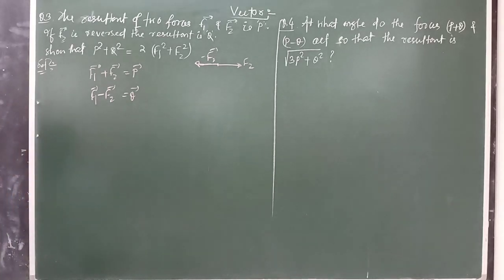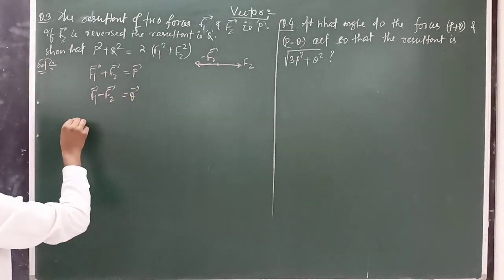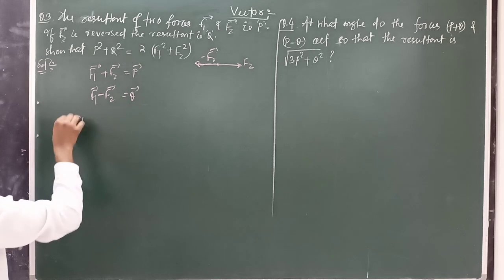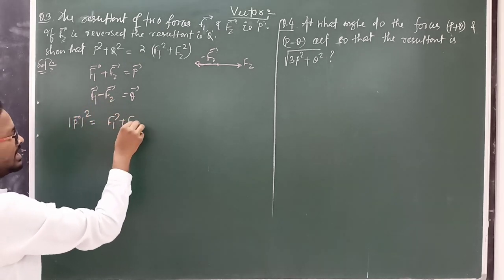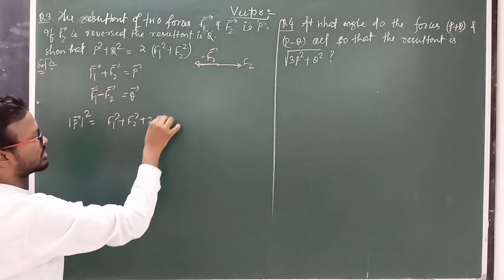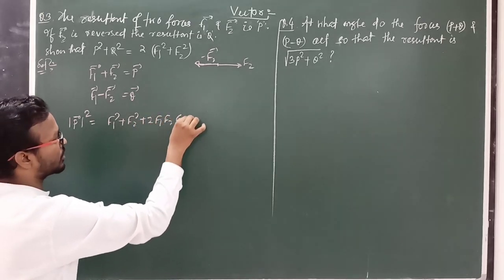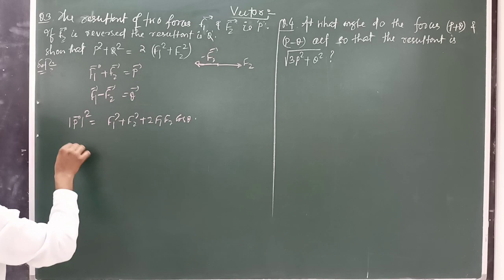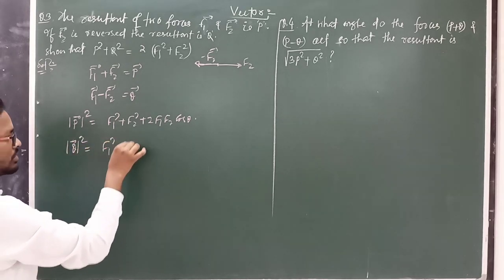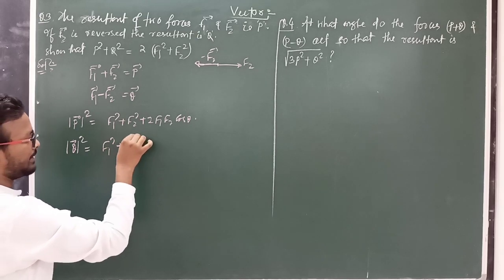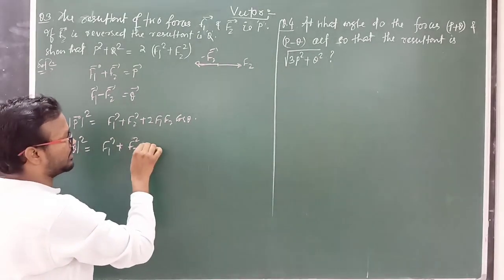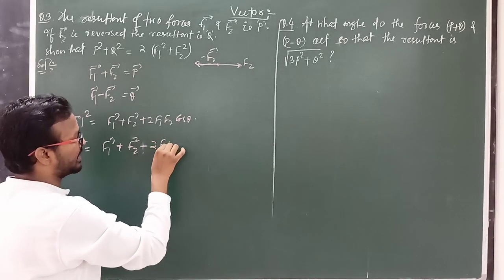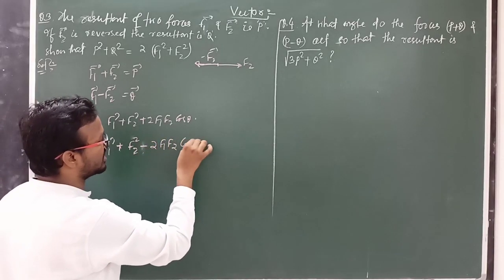Okay, so the magnitude of P square we can write as F1 square plus F2 square plus 2F1F2 cos theta, and again the magnitude of Q square equals F1 square plus F2 square minus 2F1F2 cos theta, since we already know a negative vector changes this sign.